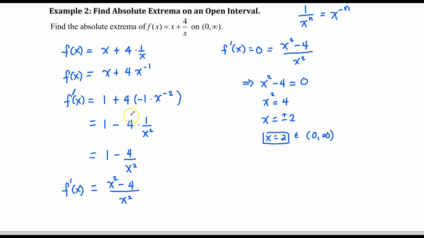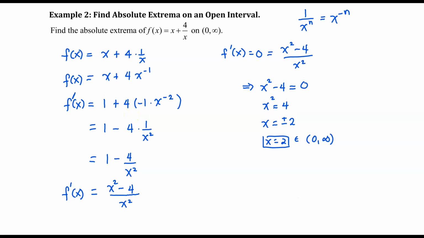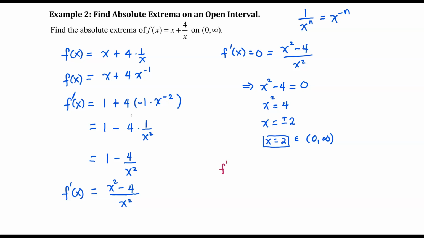So now let's find the second derivative of our function. You differentiate the first derivative. Let me copy that first. f prime of x is equal to 1 minus 4x to the negative 2. The second derivative is equal to, now the derivative of 1 is 0, minus, and then copy 4, and differentiate x to the negative 2.